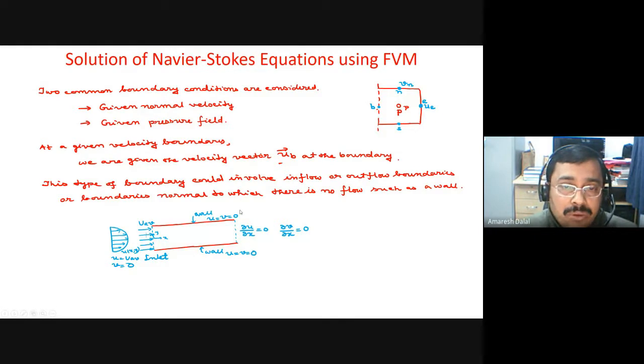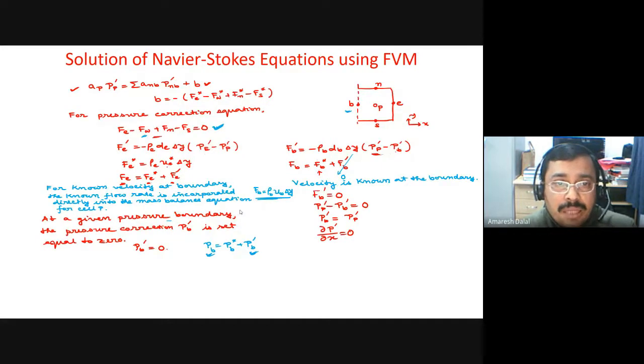And now what about the pressure correction boundary condition? Now you have seen that we have represented Fe prime is equal to minus rho e d delta y (pP prime minus pE prime), right? So here, if you know the velocities, let us say this is the boundary, and this is the control volume.